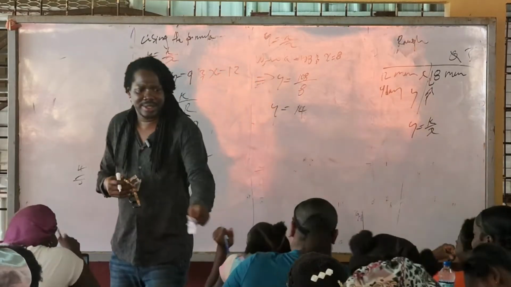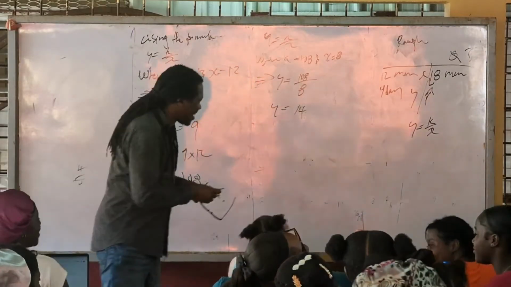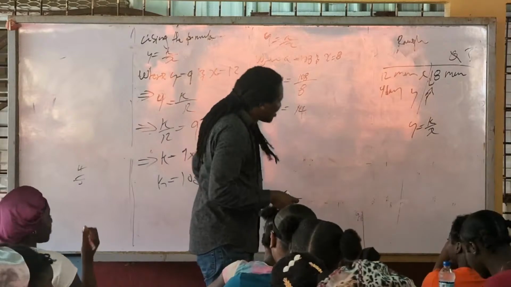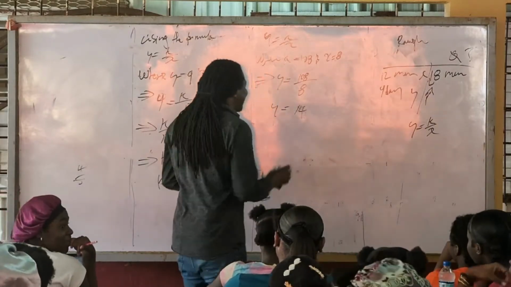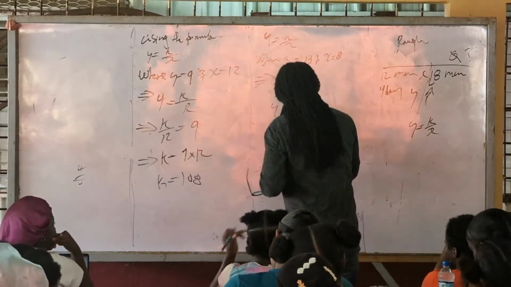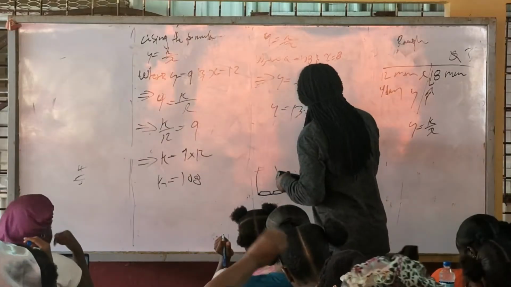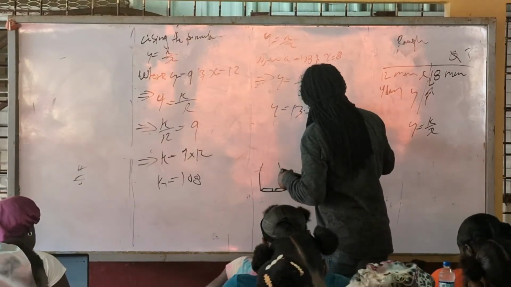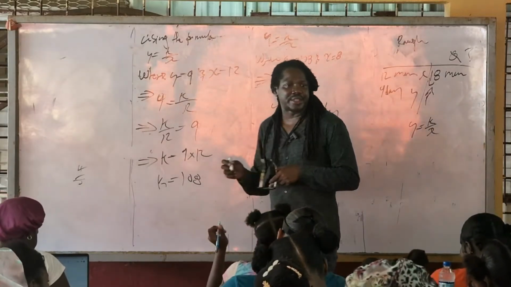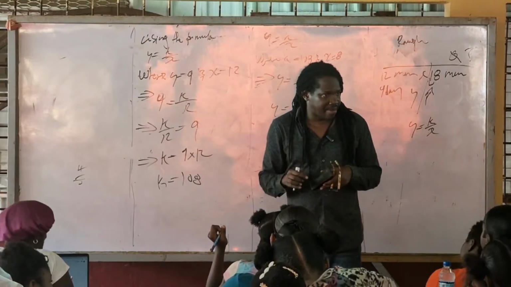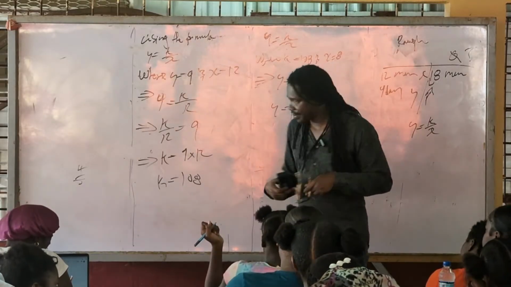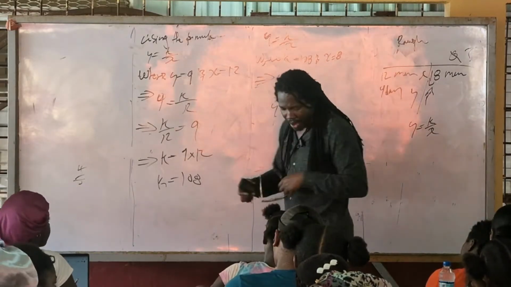It can be 13.5 days. But if it were men, it can't be 13.5 men. Everybody understand?